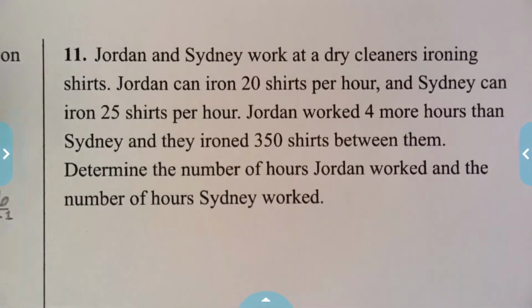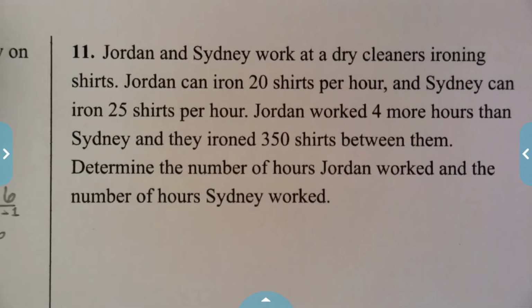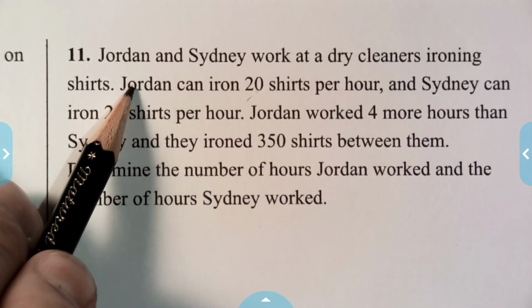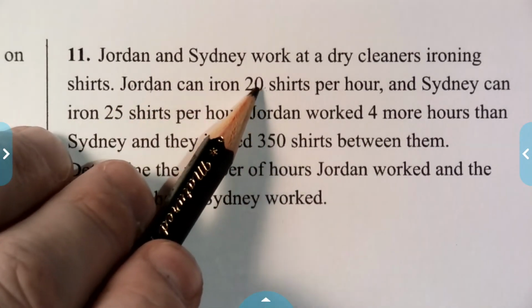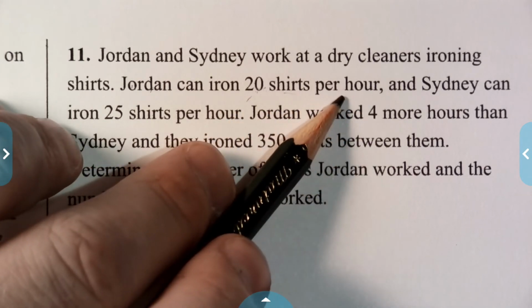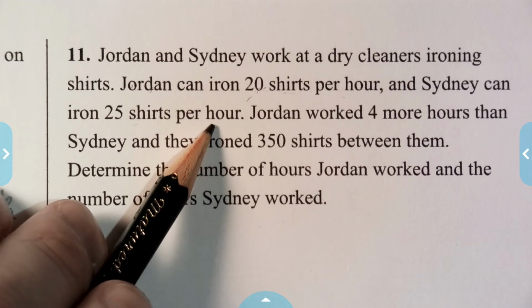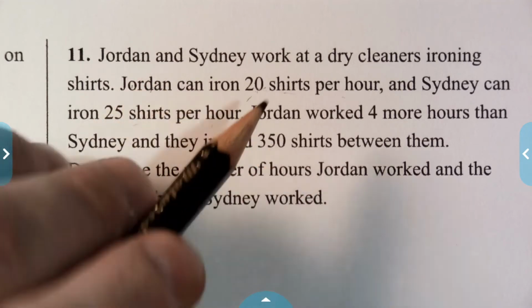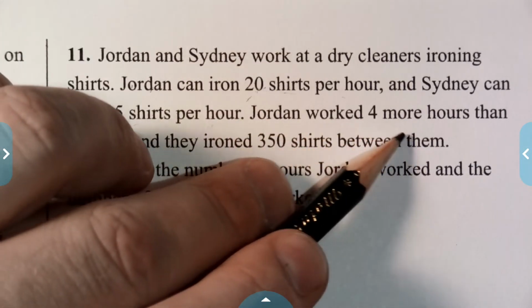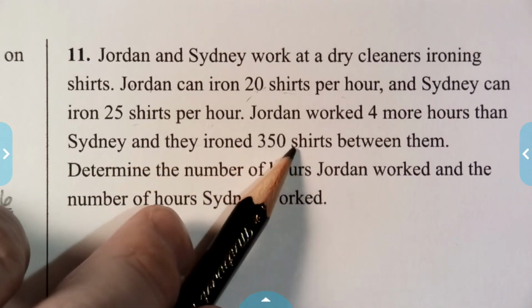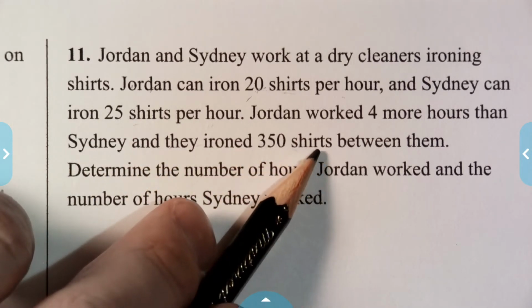What they usually give you is some, like, Jordan can do 20 shirts per hour. Sydney can do 25 per hour. Okay? Jordan worked 4 hours more than Sydney, and they ironed 350 shirts between them.